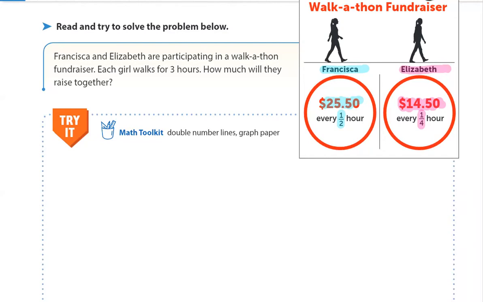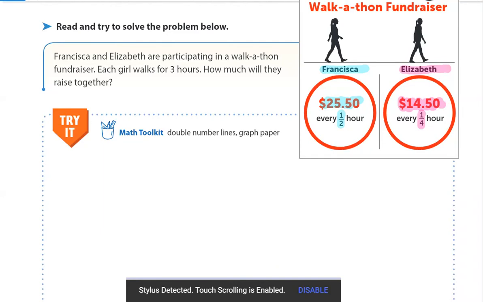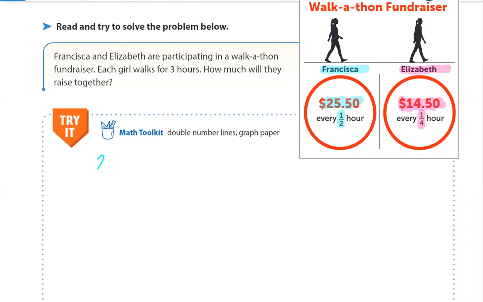So if Francisca, I cannot say that name, Francisca is raising $25.50 every half hour, you can math that out. You can do 25.5 divided by 1/2. But it's half an hour, so we just need another half an hour, so we just need to multiply it by 2.